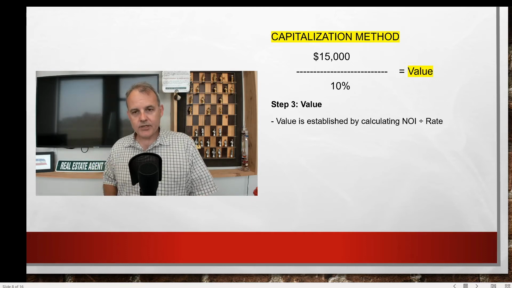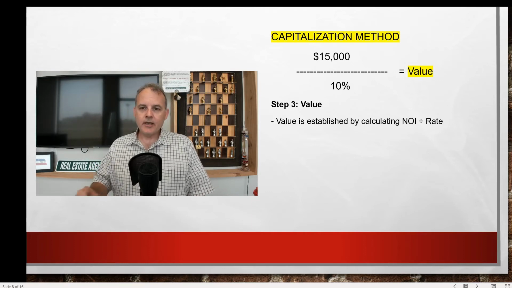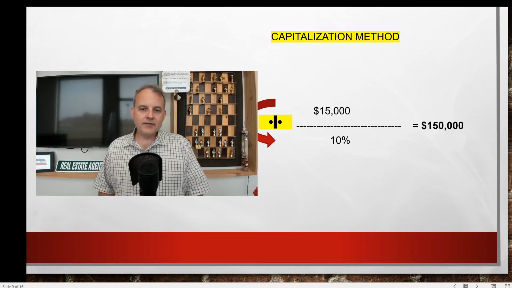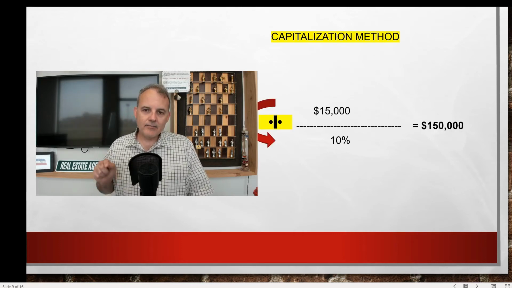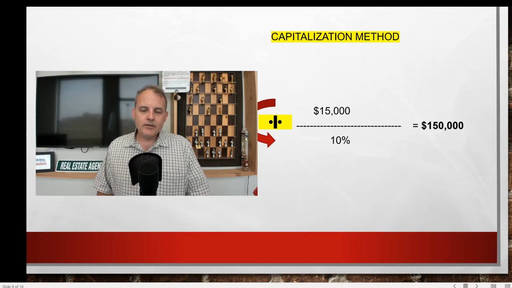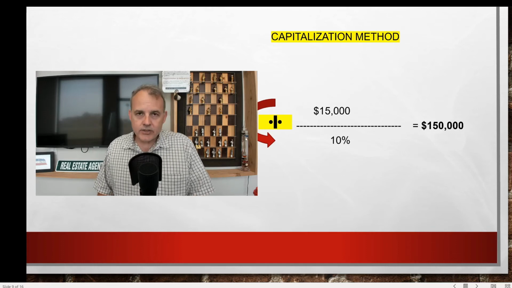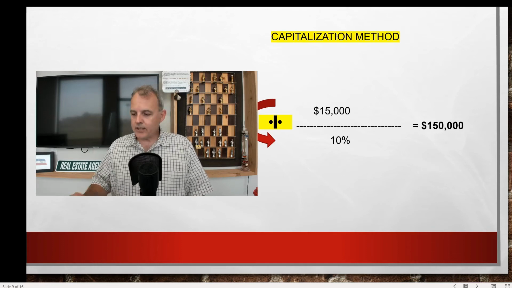The capitalization rate is 10%. And how do we calculate that? Well, it's real simple. We take 15,000, divide it by 10, hit the percent key, and that's going to give the valuation of the property. That's net operating income divided by the capitalization rate equals value. That's essentially what the formula is.